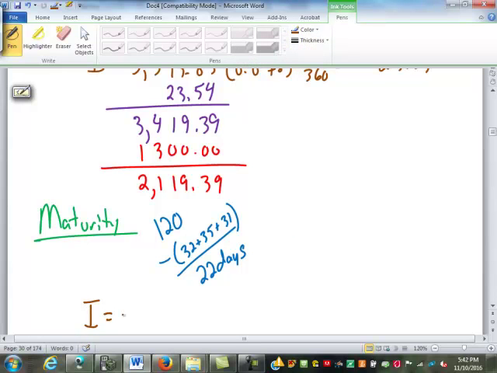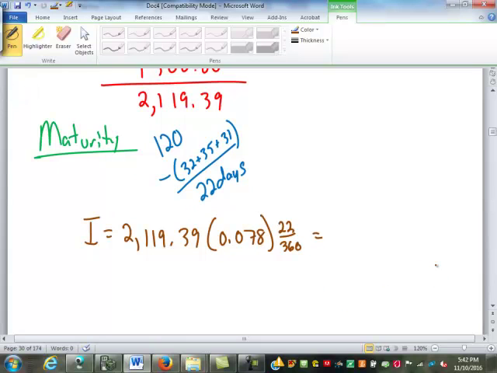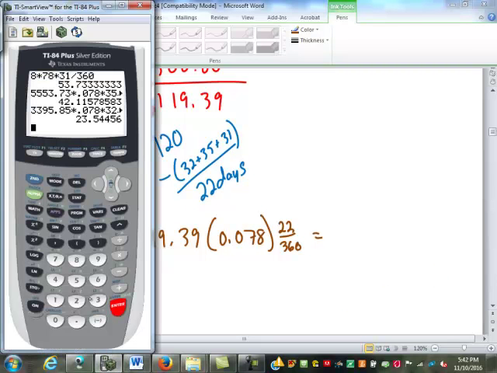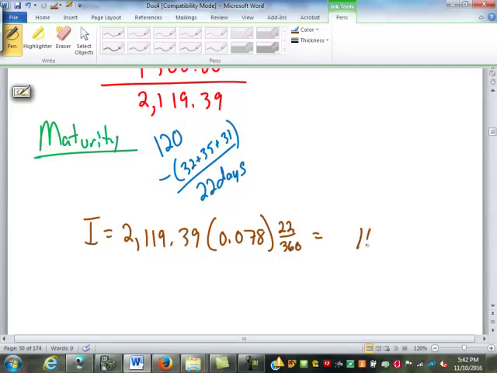So our interest is going to be that balance of $2,119.39 times 0.078 times 22 over 360. $10.10.